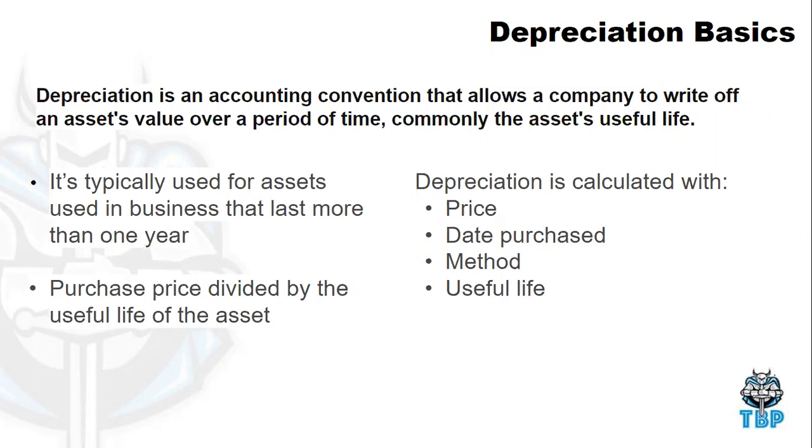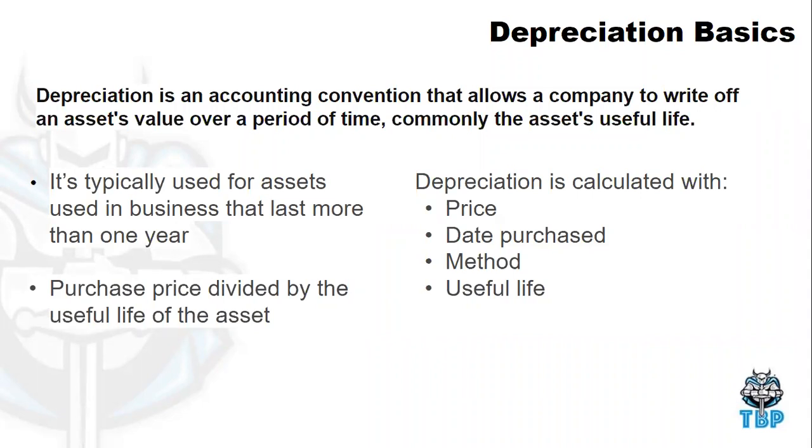Just to name one off the top of my head, say you buy a computer. Hopefully that computer is going to last you more than 1 year. So one of the things you could do is depreciate that computer and divide that cost out by the number of years that you're going to use that.